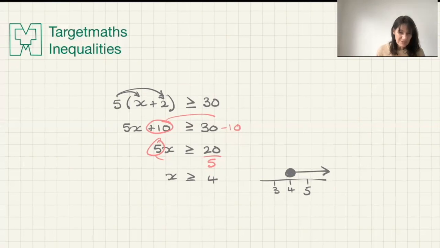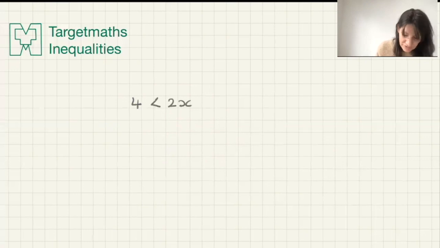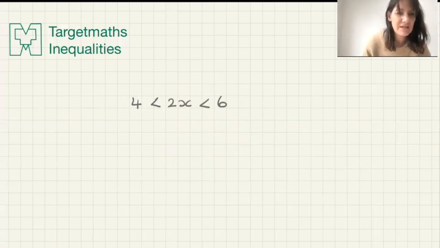Okay, so we're going to look now at a slightly harder question. Okay, so we've got 4, then we've got the symbol and 2x, but then we've got the symbol again. And you're being asked to find the solution to this, okay, and display it on a number line. But there are 2 inequalities. So actually what we're going to be doing is seeing this as 2 different questions.